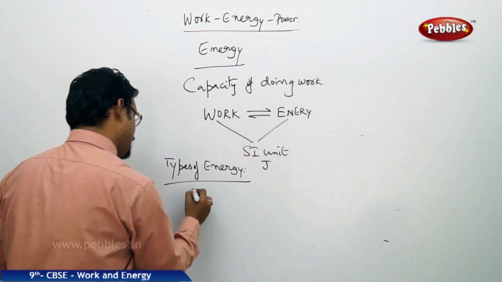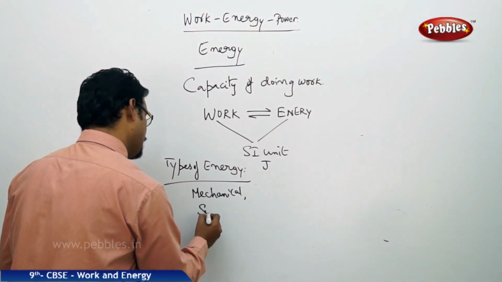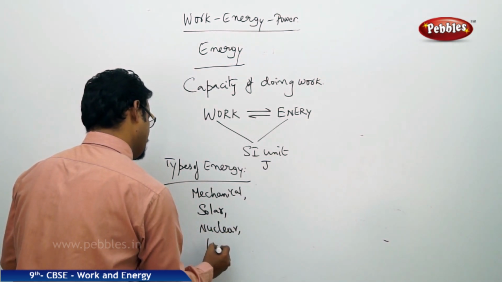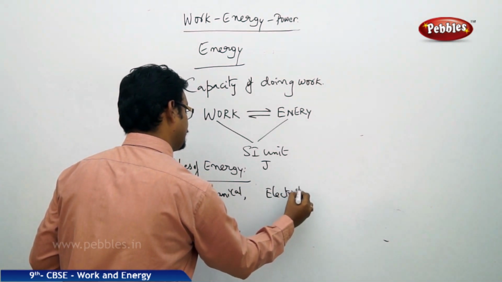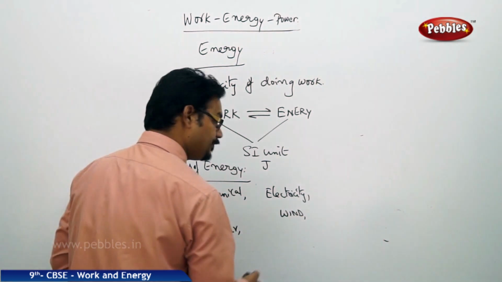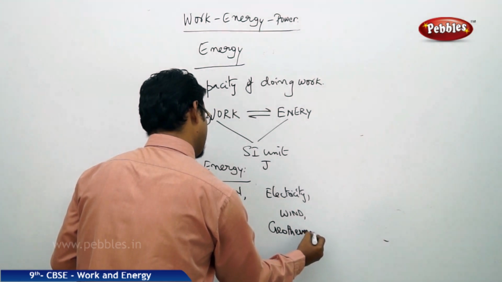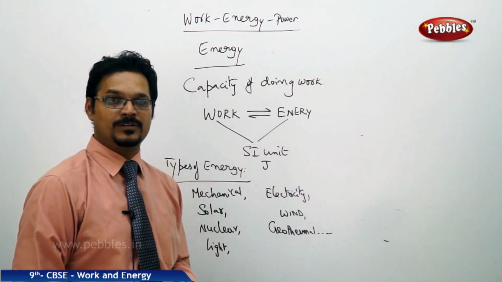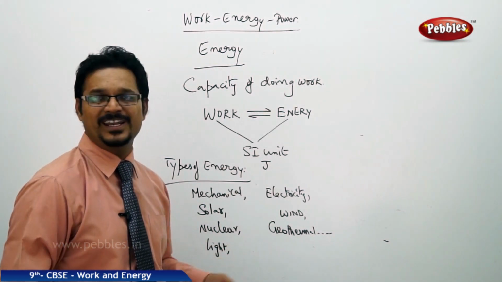So we have mechanical, solar, nuclear, light, electricity, wind, geothermal, etc. If I start writing, it will take more than 1 hour to write the types of energies we have. These are the basic energies we have. We can say sound energy, magnetic energy, all are energies only.